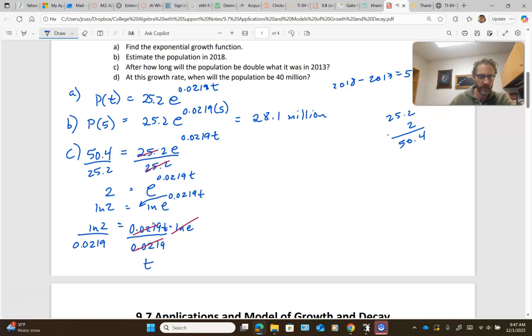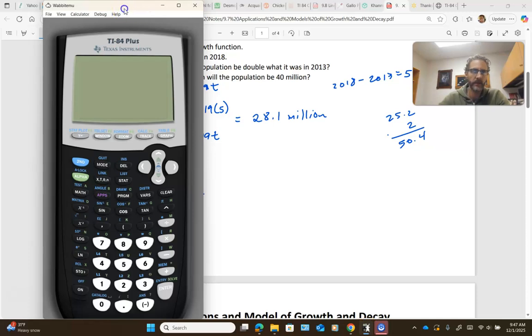It's going to leave me with t is equal to this value right here. Now again, this is the exact value, but because these are application problems, we're probably going to want approximations for these values. So you're probably going to want to type them into your calculator and round them appropriately. Okay.